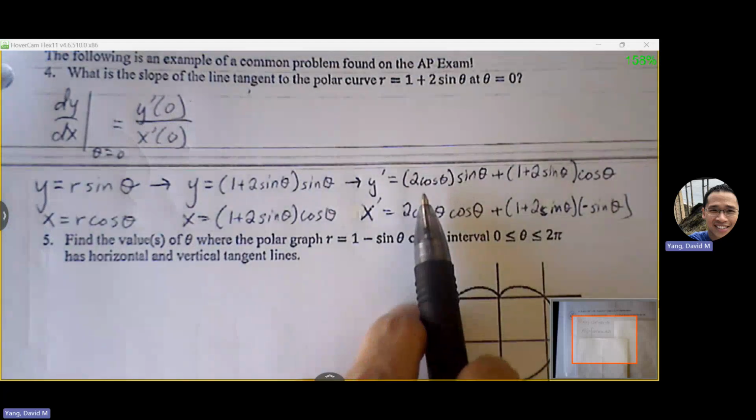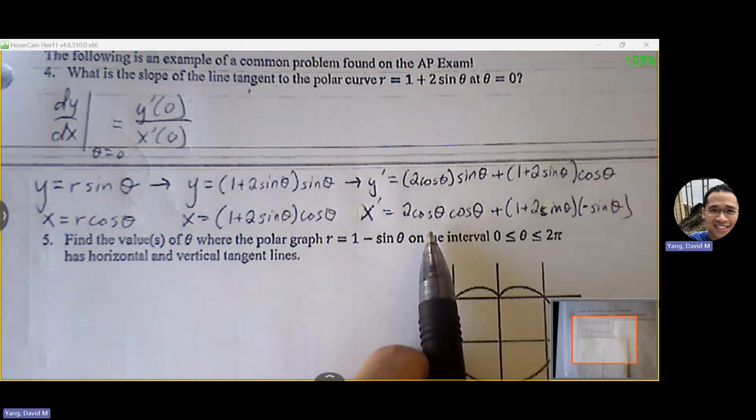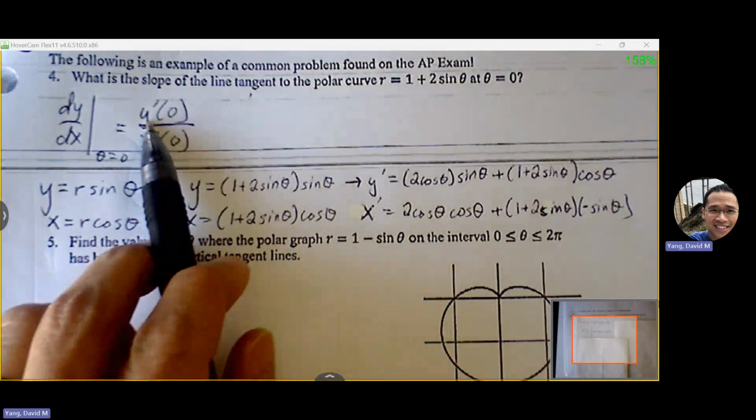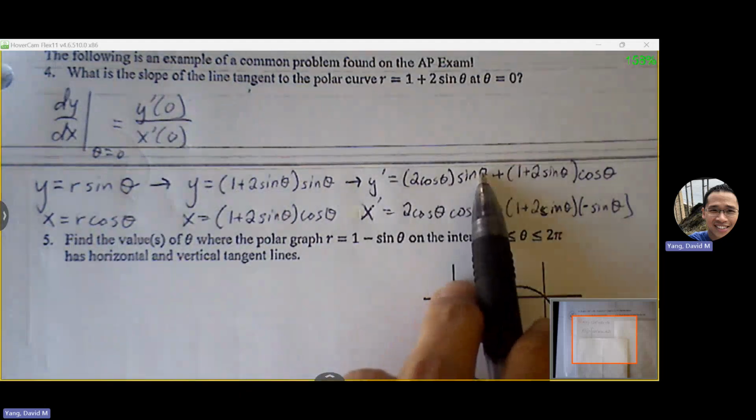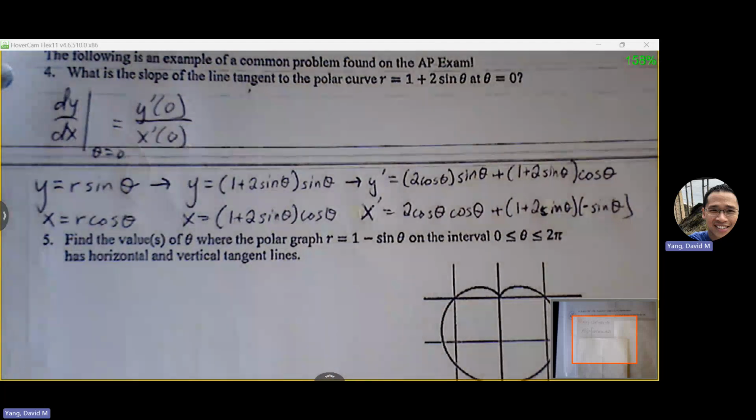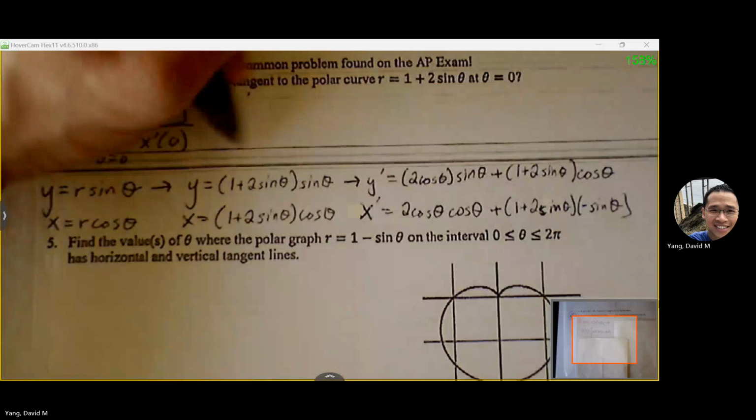So I have my y prime and my x prime going through product rule. And now to find y prime is 0, I'm just going to replace all the thetas with 0 and see what number I get out of that.